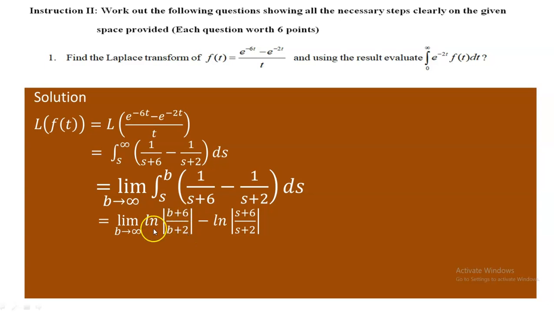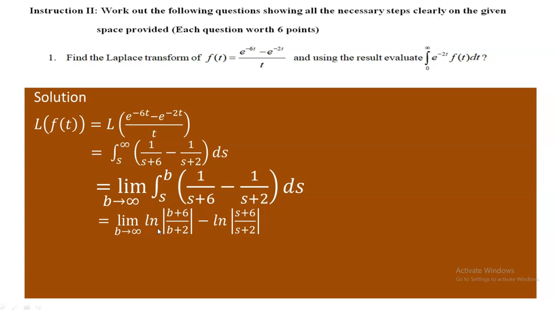As b goes to infinity, b plus 6 over b plus 2, both are positive expressions, no problem. The exponent for the numerator as well as for the denominator here is 1, so we can take the leading coefficient ratio. We have 1 here, again 1. So 1 divided by 1 is 1. So the limit is ln 1.